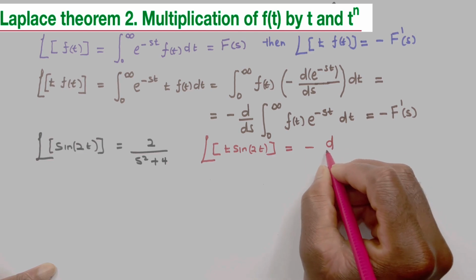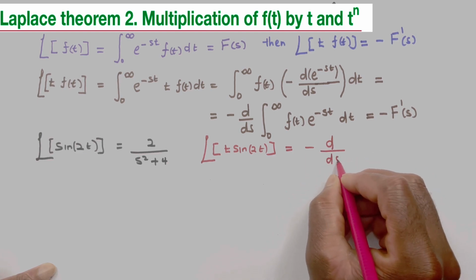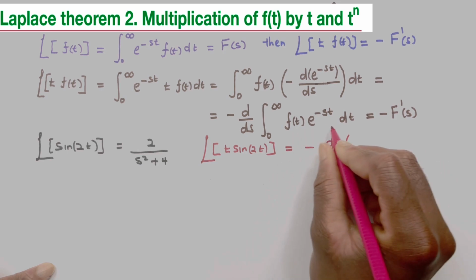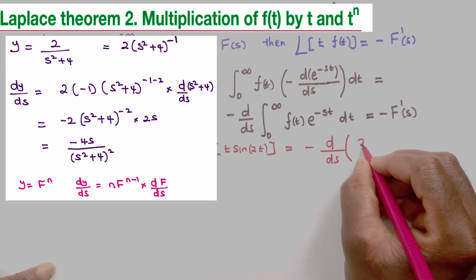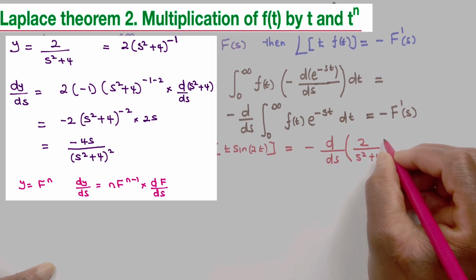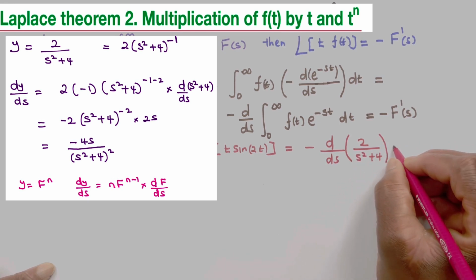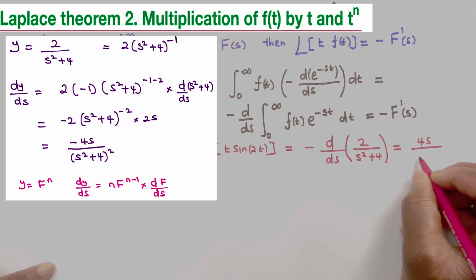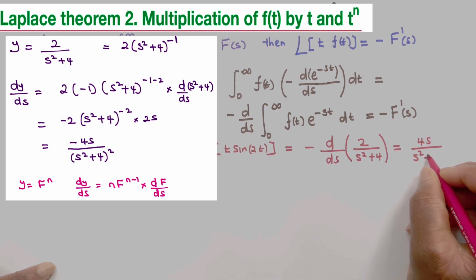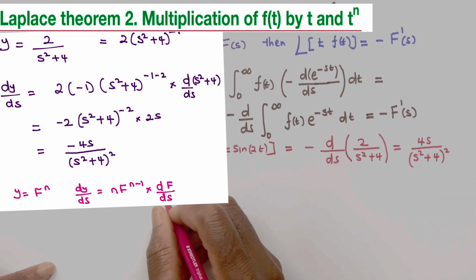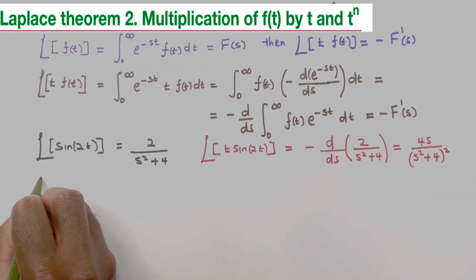That should give us minus d ds of 2 over s squared plus 4. The derivative of that is what I've done on the top left here, and that gave us minus 4s over s squared plus 4 all squared. But the minus multiplied by the minus of derivative, so you get the plus.